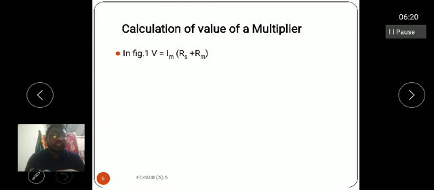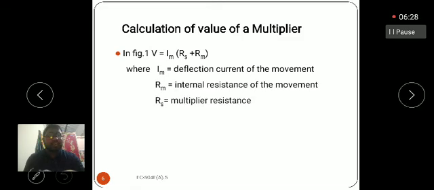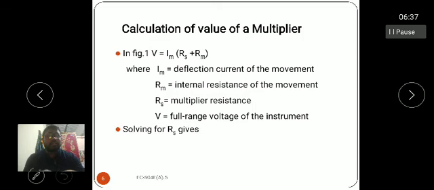The total resistance is Rs plus Rm, where Im is the deflection current of the movement, Rm is the internal resistance of the movement, Rs is the multiplier resistance, and V is the full scale, full range voltage of the instrument. Then Rs is equal to (V minus Im into Rm) by Im, that is V by Im minus Rm.